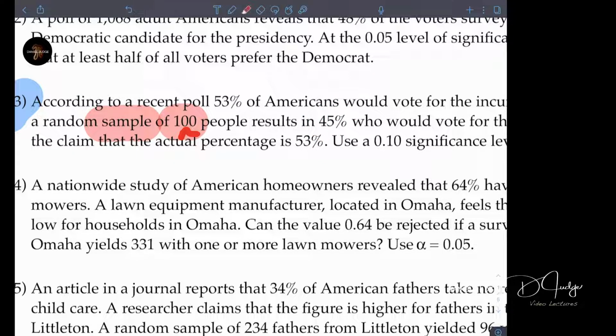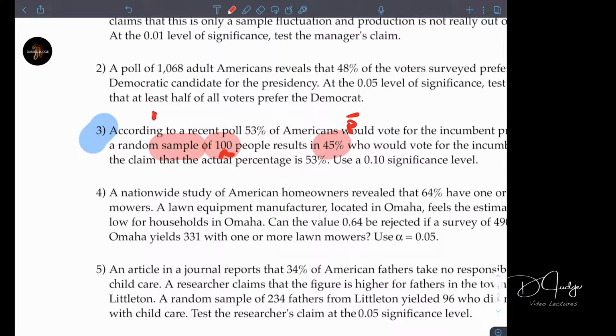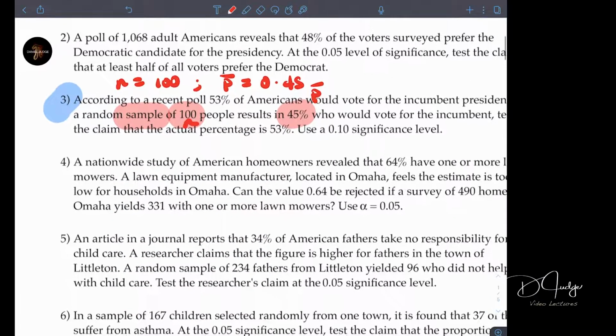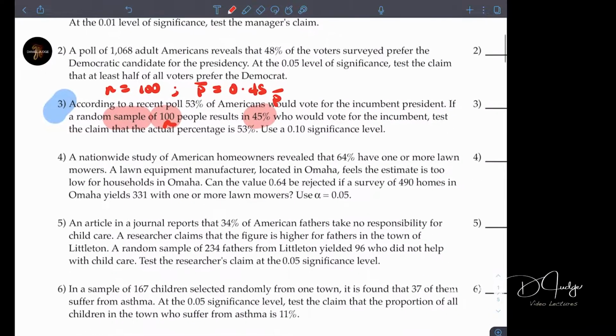Okay, 45%. That's the sample proportion. Let me actually write it down, because we're going to copy it. So there's a second survey, a second poll, and this is the information. So if a random sample of 100 people results in 45% who would vote for the incumbent?